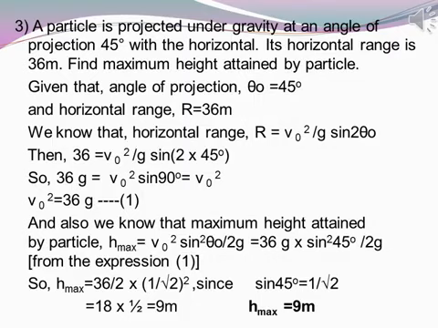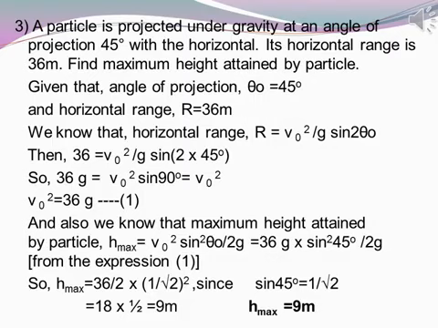And also we know that the maximum height attained by the particle h maximum is equal to v0 square into sin square theta 0 divided by 2g, which is equal to 36g into sin square 45 degree by 2g. Here we have substituted the value of v0 square from the expression 1.